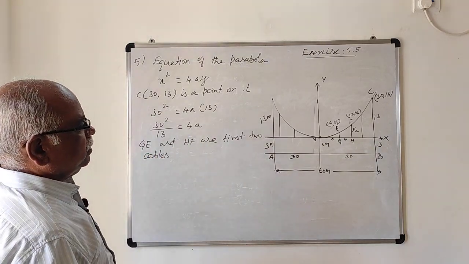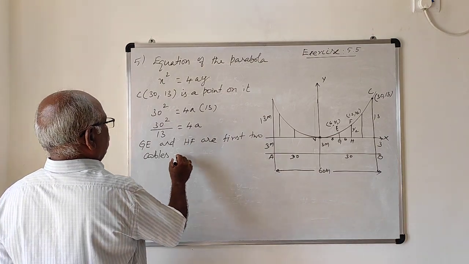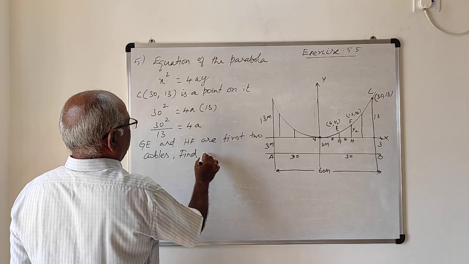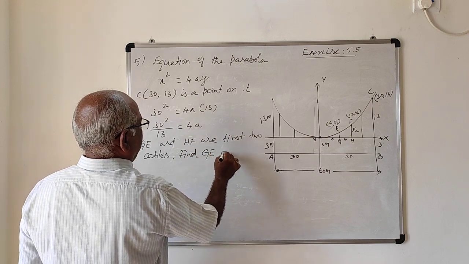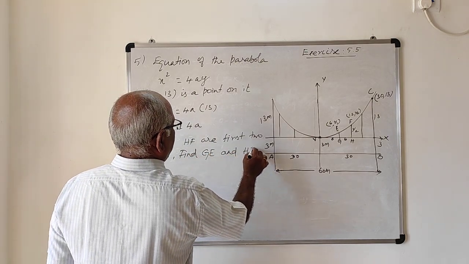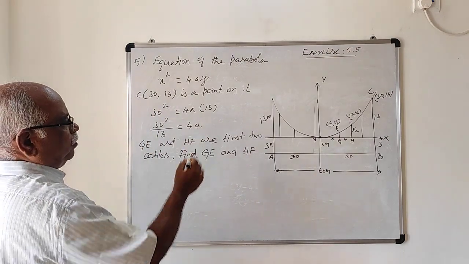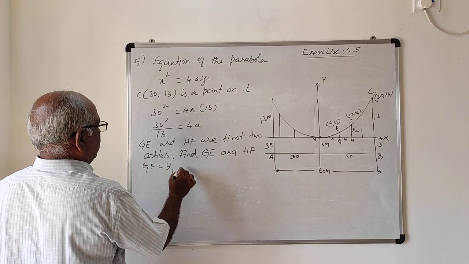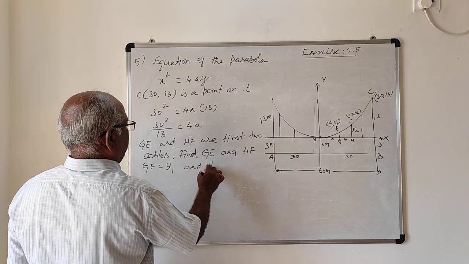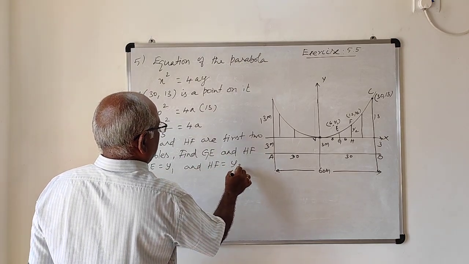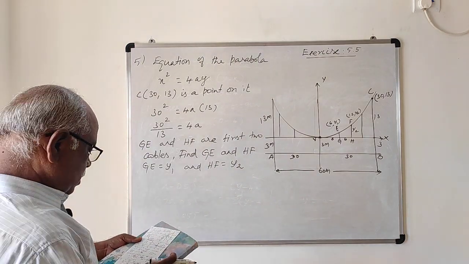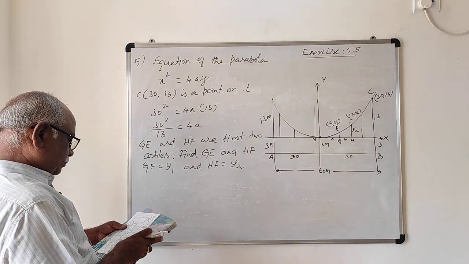So we have to find the height of GE and HF. Consider GE equal to y1 and HF equal to y2.